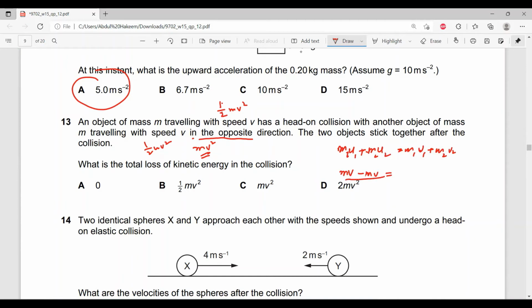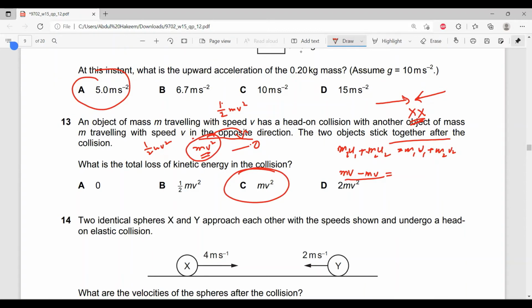It means the initial momentum becomes 0, so the final momentum is also 0. It means that finally when both stick together, they are not moving, one object going in this direction, other in this direction, they become stationary. So it means whole of the mv becomes 0, meaning whole of the kinetic energy is lost. So answer is C.